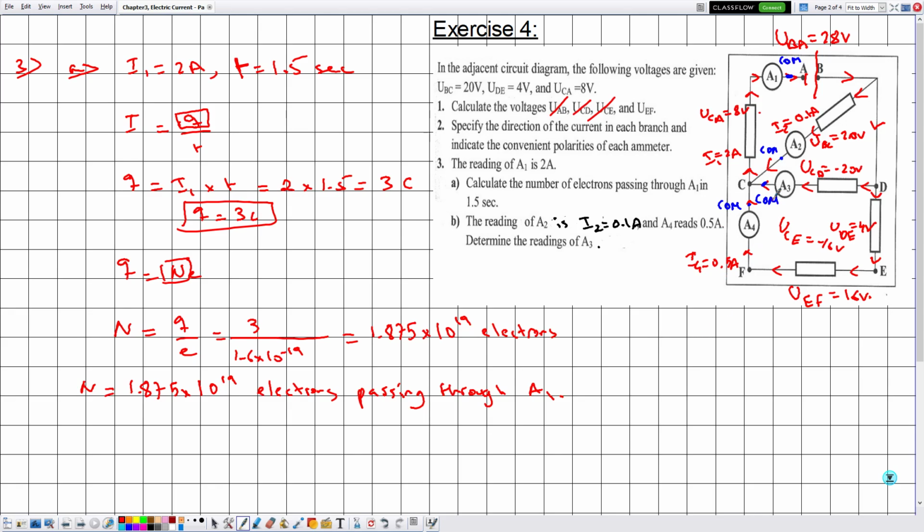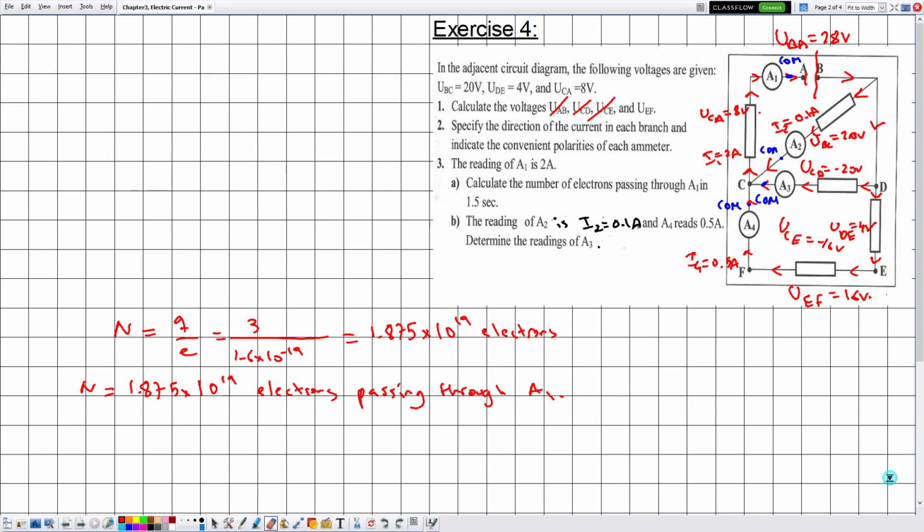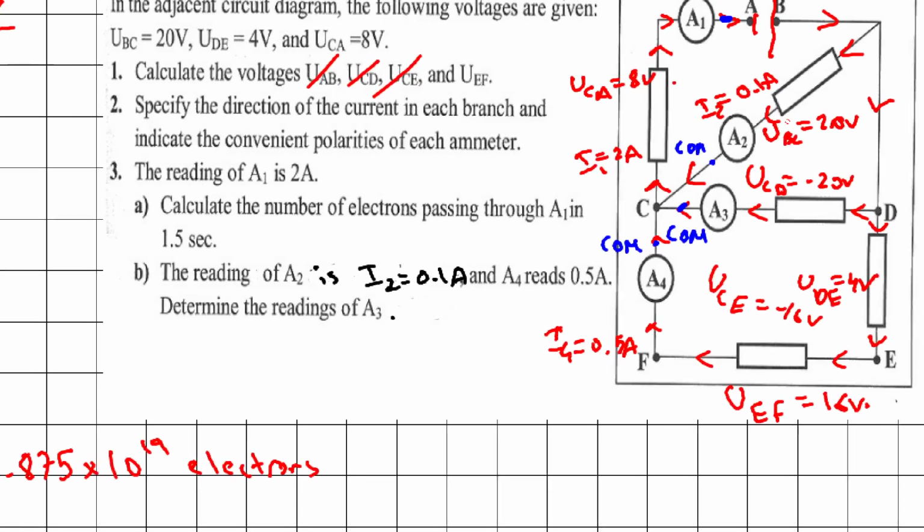Now we need to determine the reading of A3, and this for sure can be done using the law of addition of currents. So in part B, apply the law of addition of currents at node C. We need to specify the node at which we are applying this law.